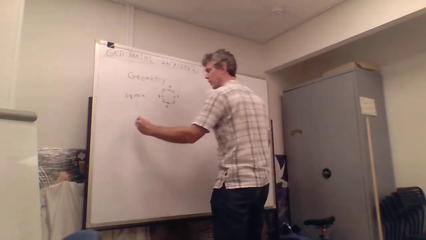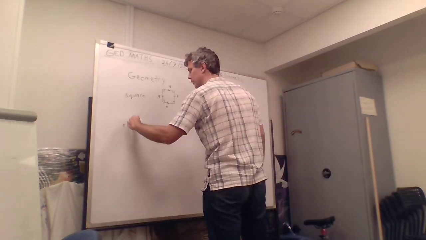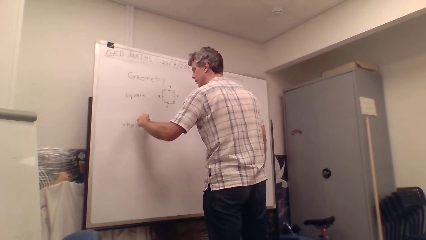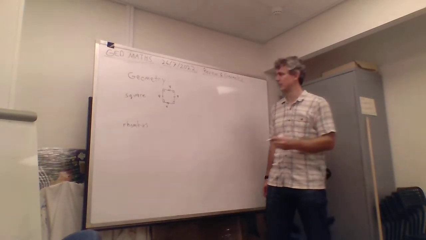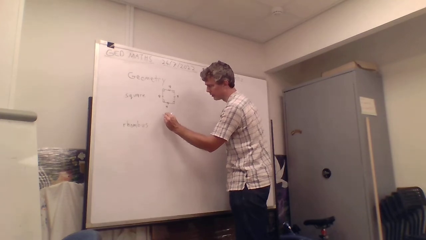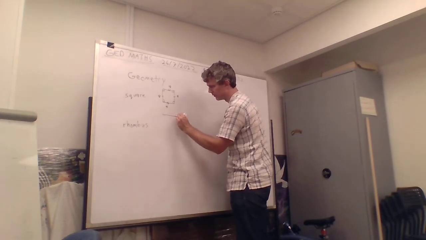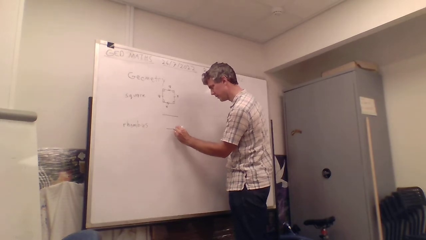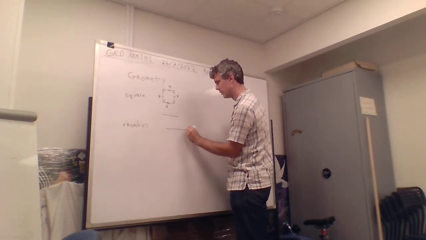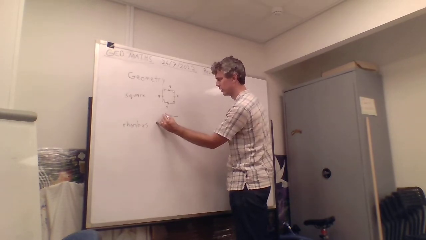There's another special one which is called a rhombus. A rhombus is a special kind of parallelogram. So remember we did the parallelogram? Let me try to do that one again. It'll be kind of like this. I have to make it a bit longer.